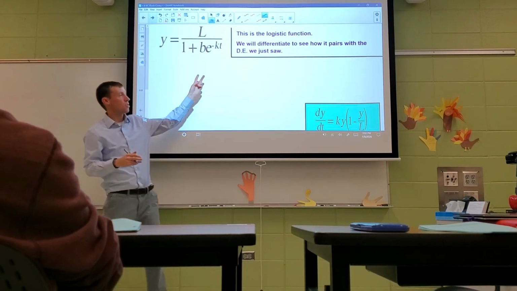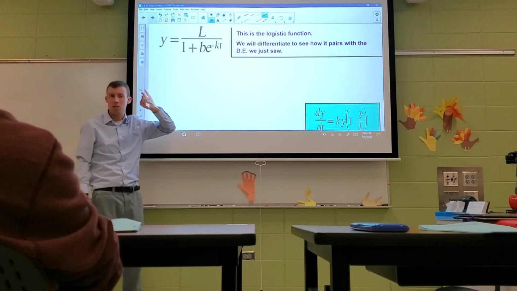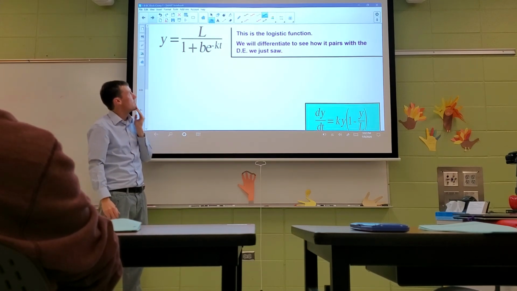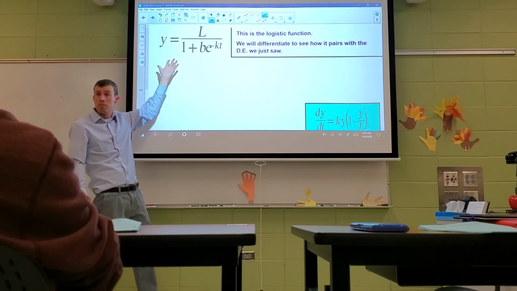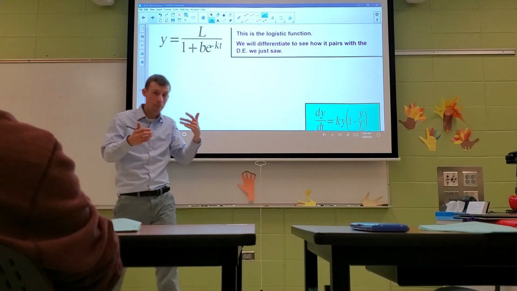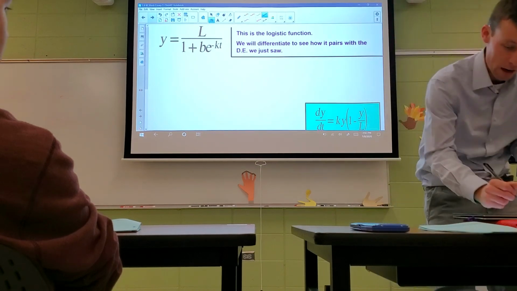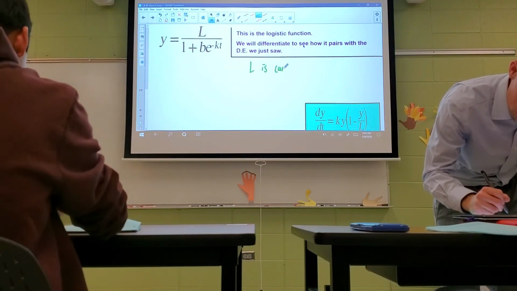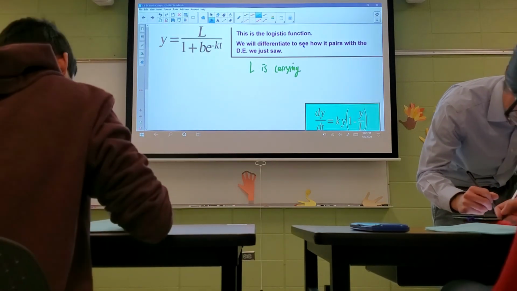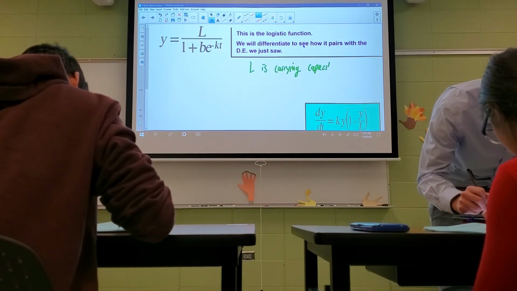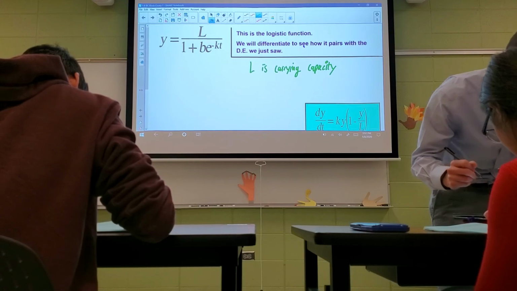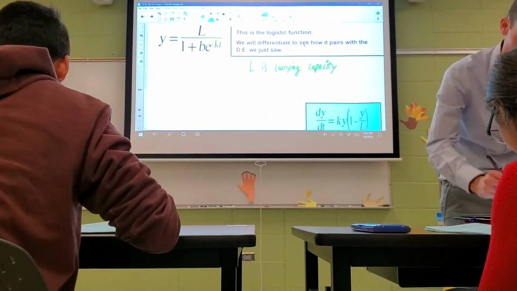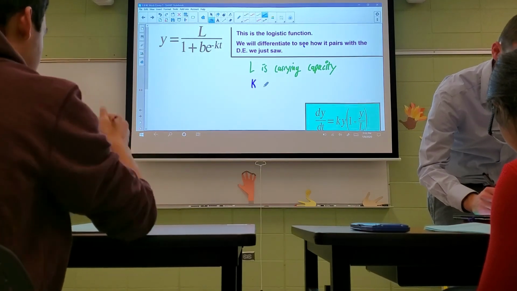It also makes sense that there's a little exponential part, because there's clearly some exponential growthy part happening. L is your what? Carrying capacity. It's your maximum amount that it could be. It's that horizontal asymptote. Jot that down. What's K?